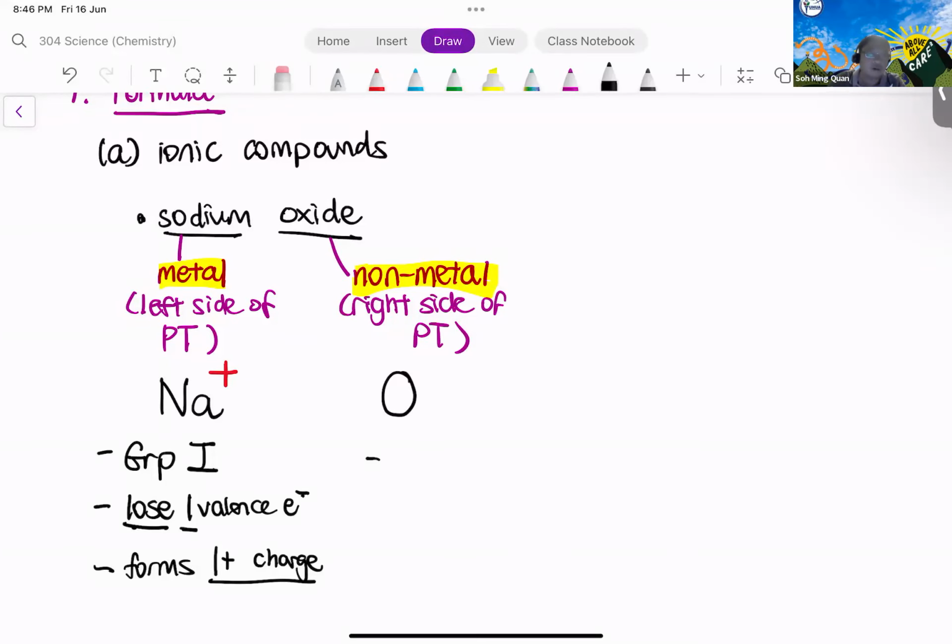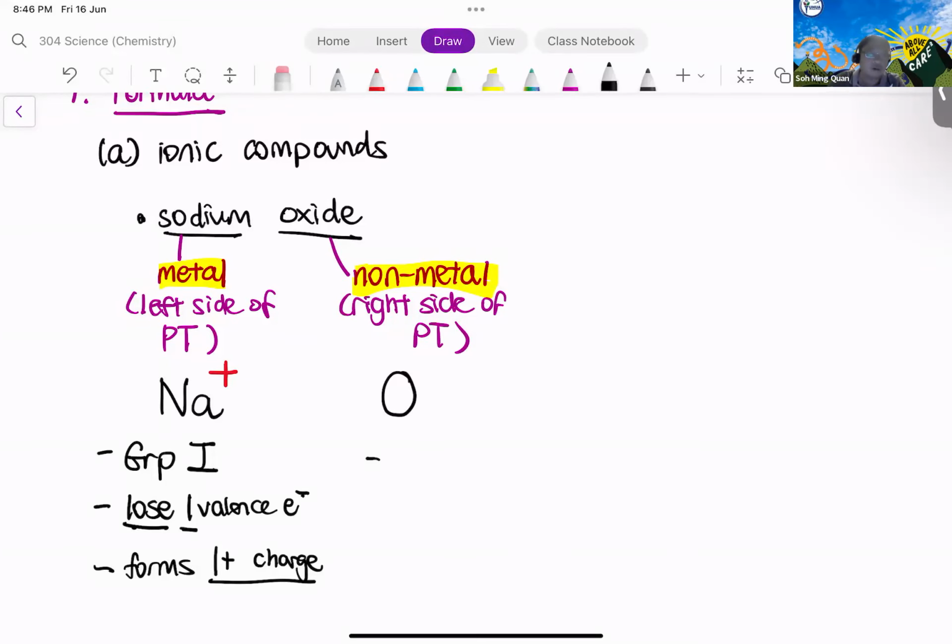Oxygen is in group number 6. Notice that 6 is written as VI. V means 5, I means 1. 5 plus 1 is 6.